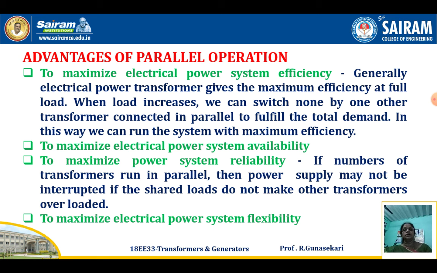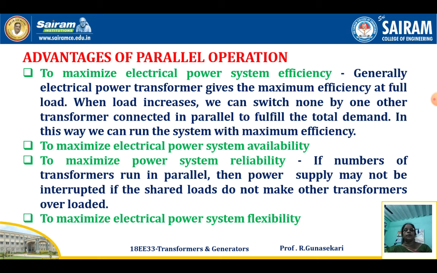Even if one transformer fails, the other transformer can fulfill our total load demand. Therefore, the efficiency of the electrical power system due to parallel operation is maximum.